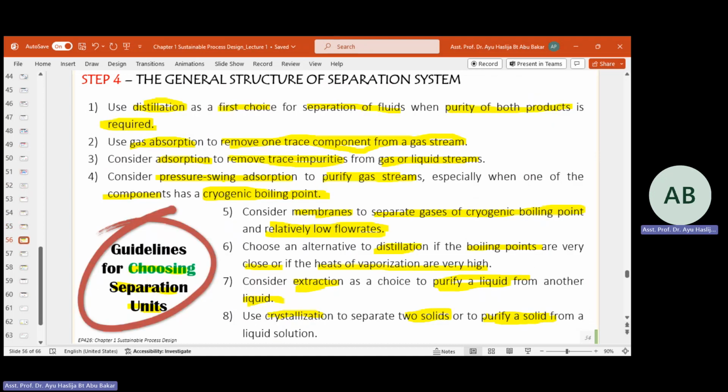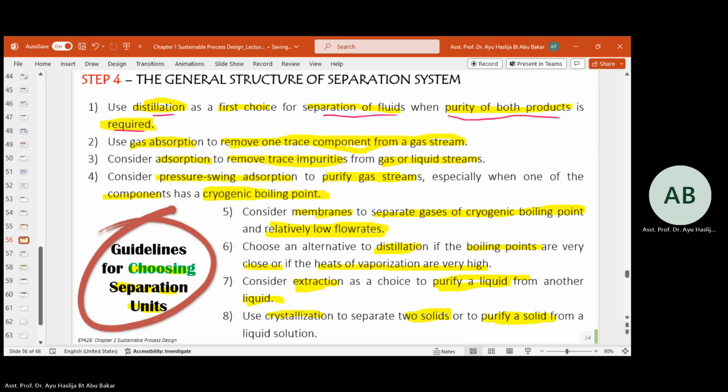This one is the guideline to choose which separation unit, whether distillation comes first, or evaporator, or gas separator. It depends. Use distillation as a first choice for separation of fluids when purity of both products is required.